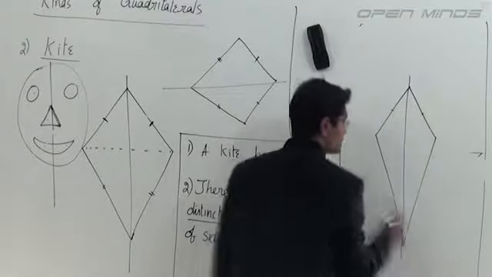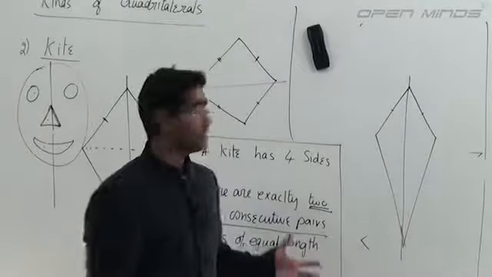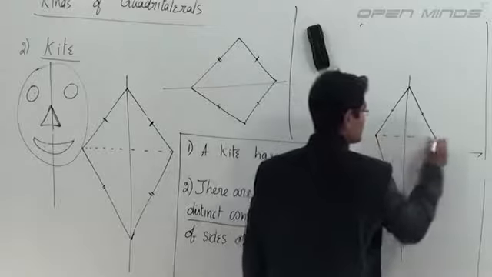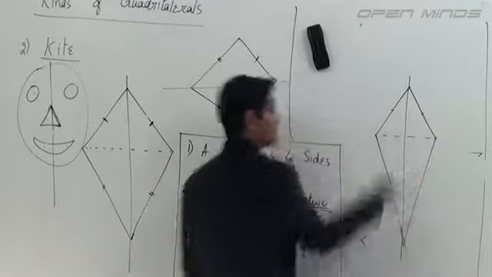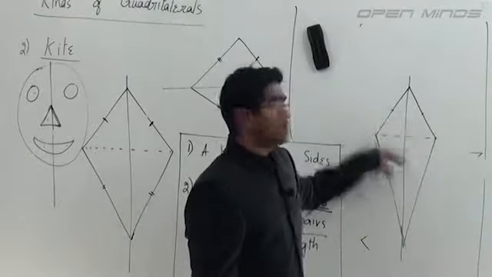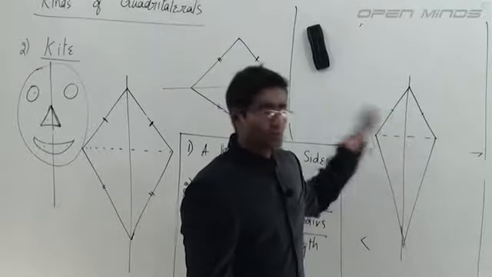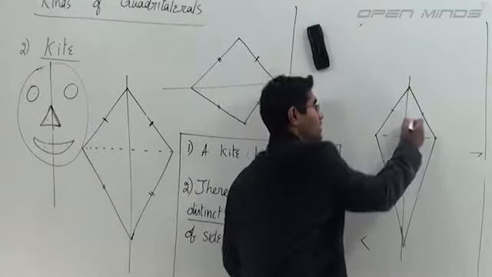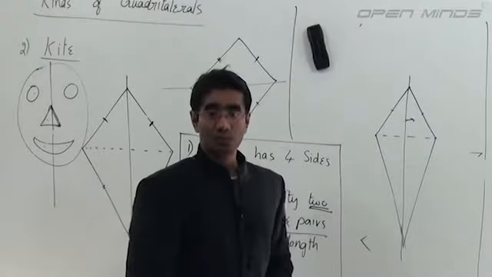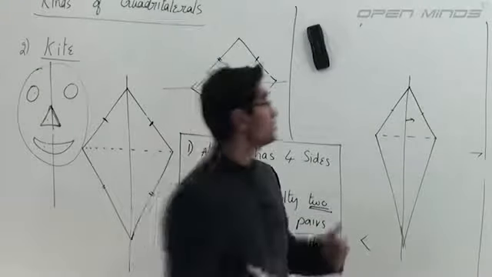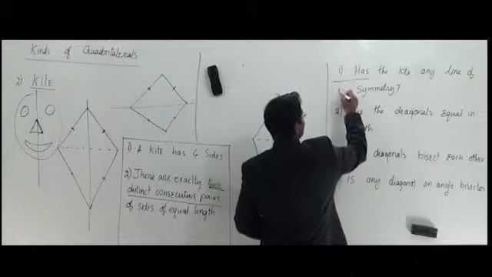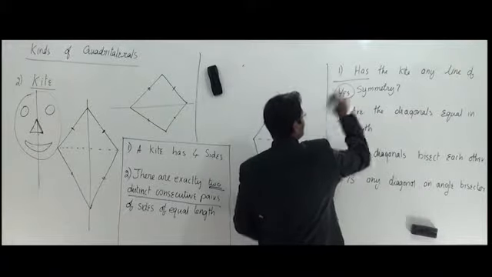This line divides the kite symmetrically, but this diagonal does not. If I fold it, these two do not fall on each other exactly. So there is only one diagonal which can divide the kite symmetrically.